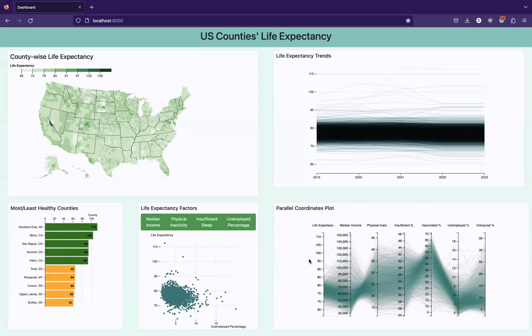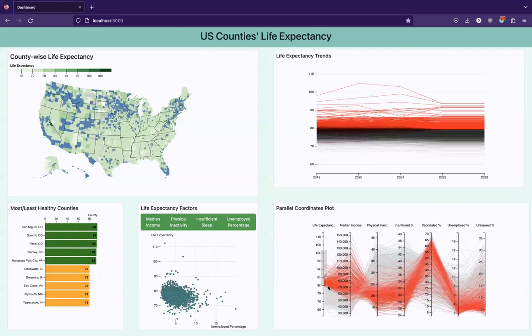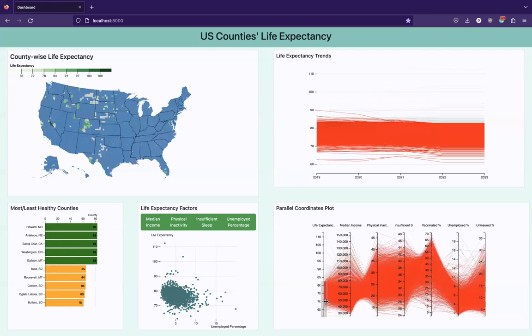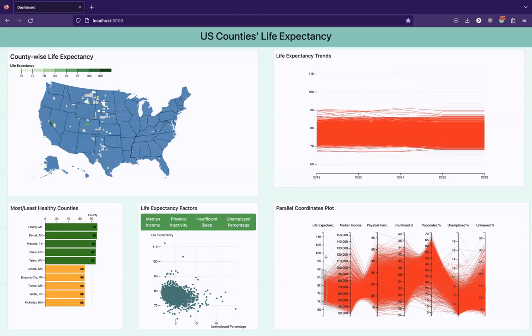Next, we move on to the parallel coordinates plot. Let's select the upper half of the life expectancy axis. We see that in the choropleth, these counties are again evenly spread. And if we move the selection towards the bottom, all the other charts keep getting updated at the same time.